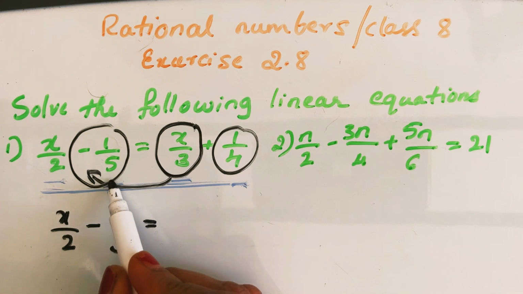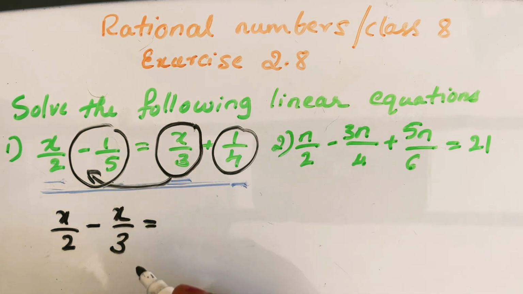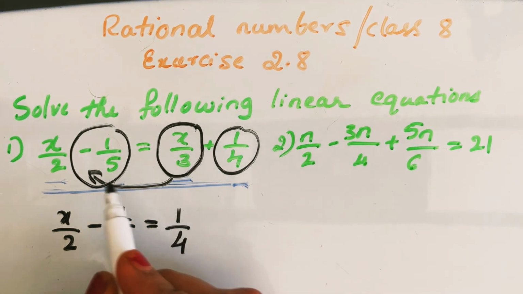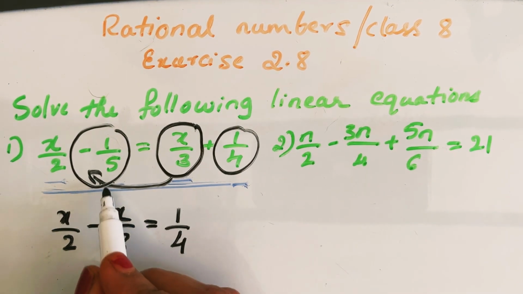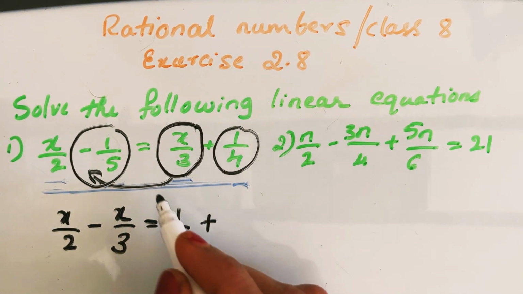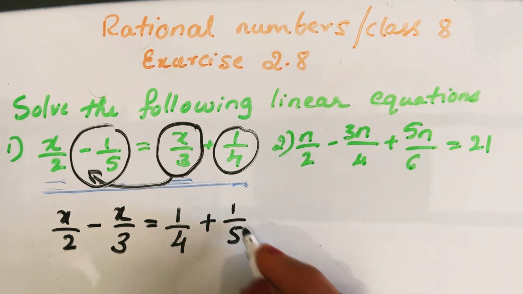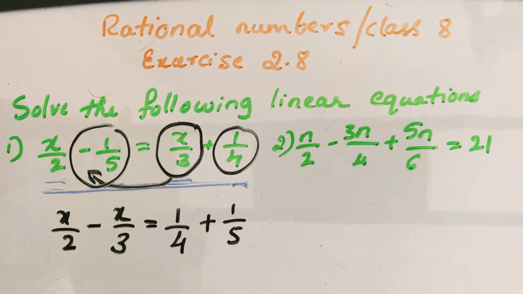Now I am going to group the constant terms on the right hand side. So 1/4 is already there, and this negative 1 over 5, when you group it to the right hand side, will become positive 1 over 5, means plus 1 over 5. That's easy to simplify.